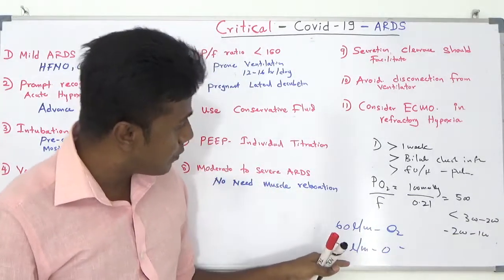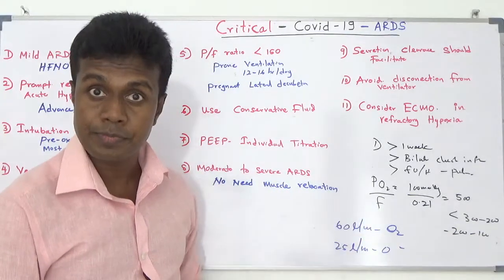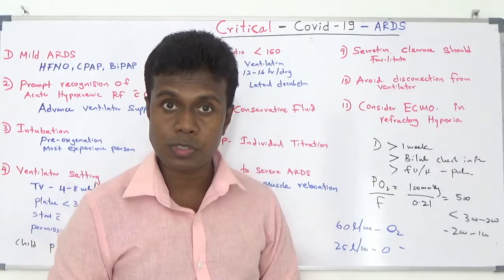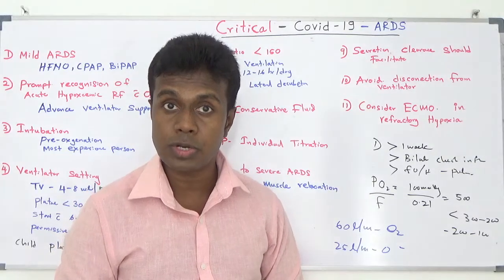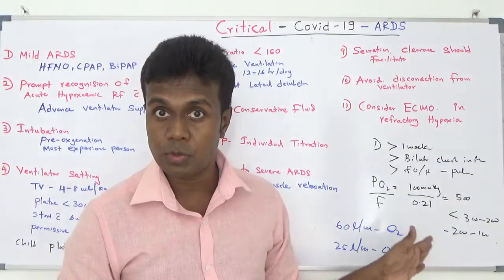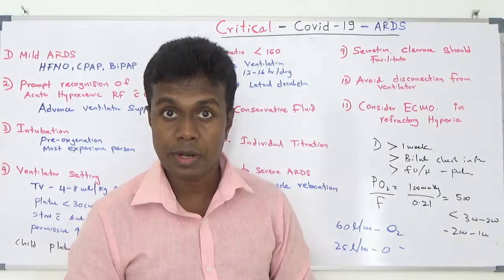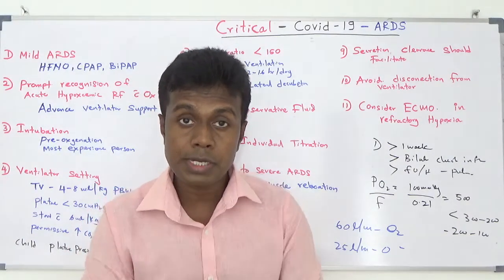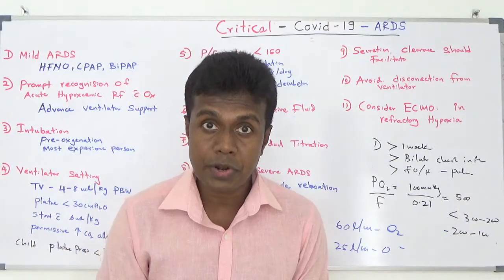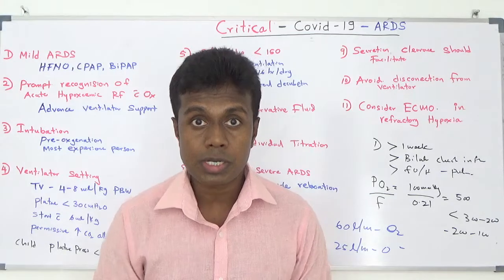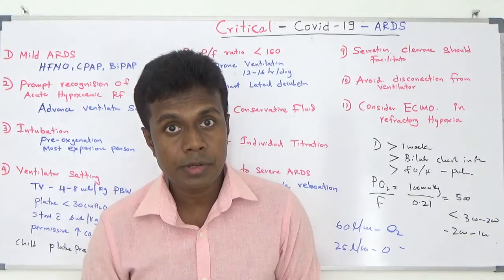This much oxygen wastage is sometimes not good for your hospital. So high flow nasal oxygen, due to this reason, may sometimes not be good. Number 2, if your patient has hypoxic respiratory failure, high flow nasal oxygen might not be good.